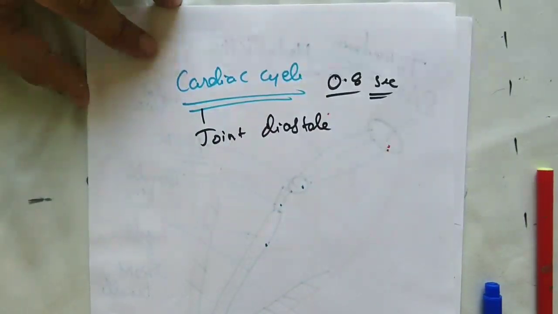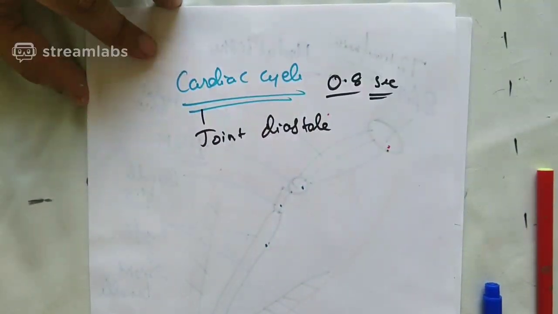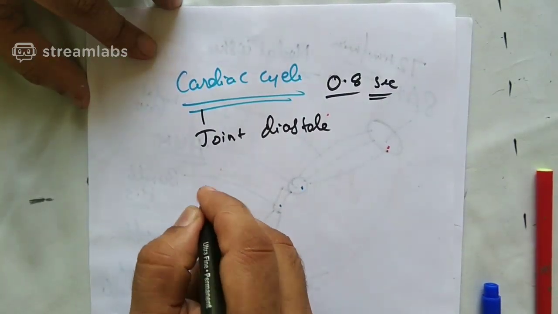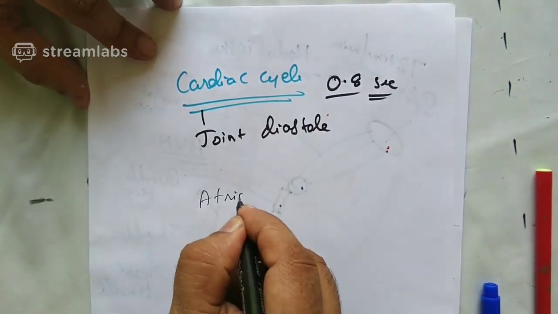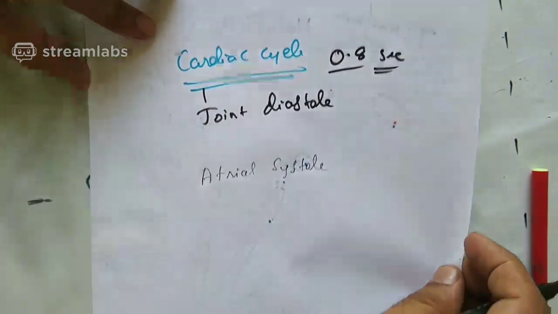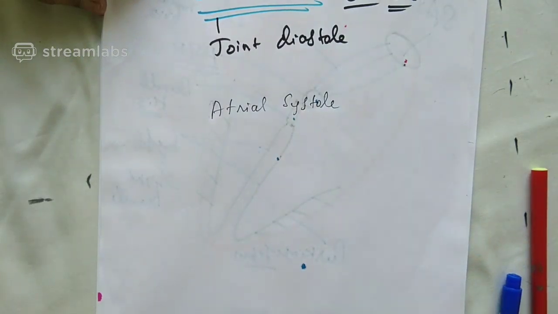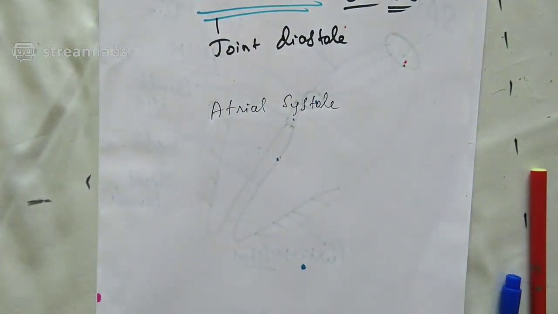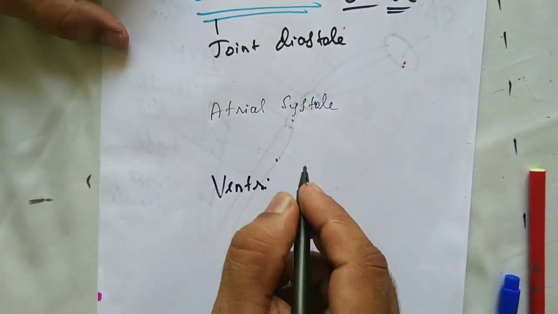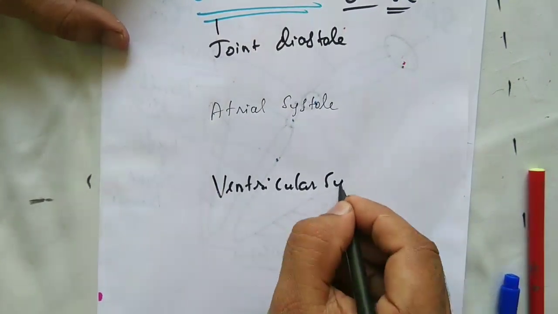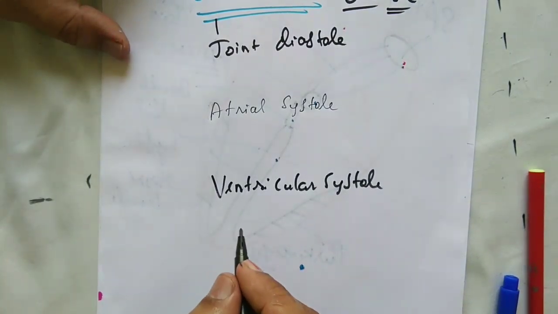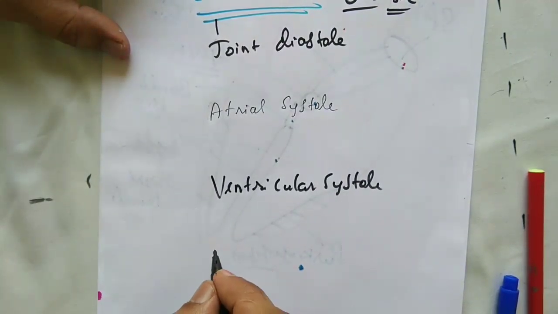After joint diastole, the next will be called, tell me what? Yes, it's called atrial systole. The third one will be called atrial systole, followed by ventricular systole. Ventricular systole.